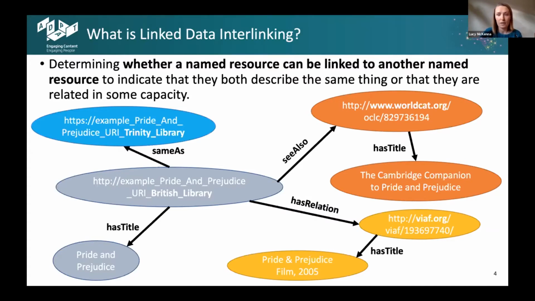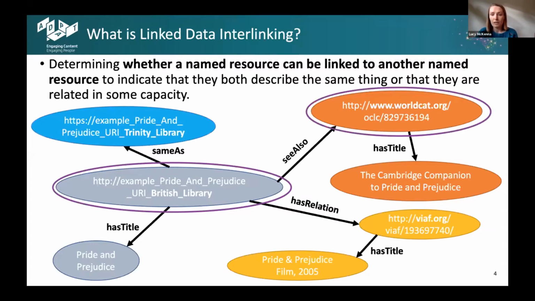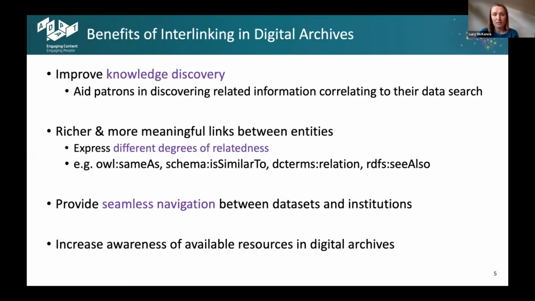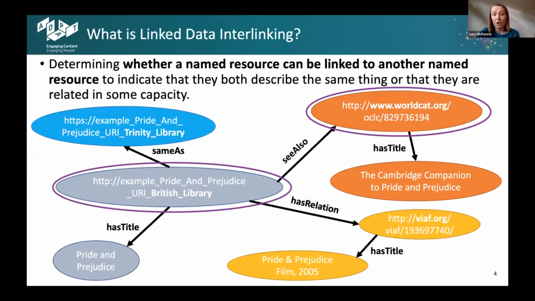So again, for example, Pride and Prejudice in the British Library being linked to, for example, a WorldCat record of the Cambridge Companion to Pride and Prejudice, using a same as link there, or a see also link. There's also a few other examples of some interlinks there. So the same as link pointing to the same object in the Trinity Library, or has relation pointing to the film of Pride and Prejudice in VIAF.